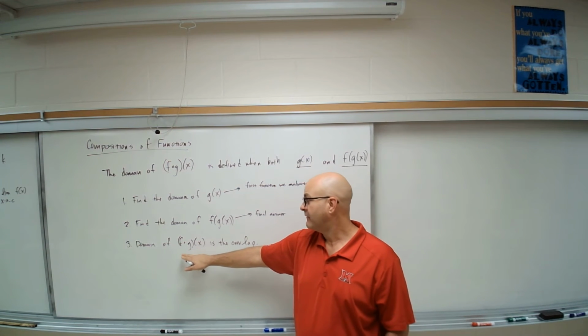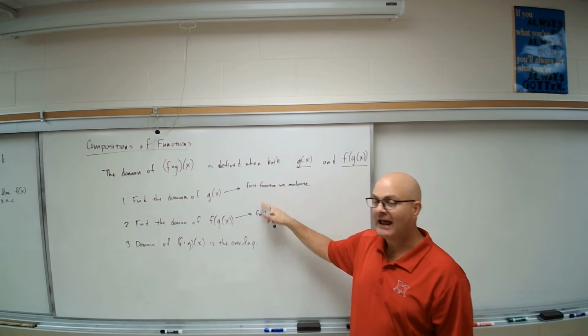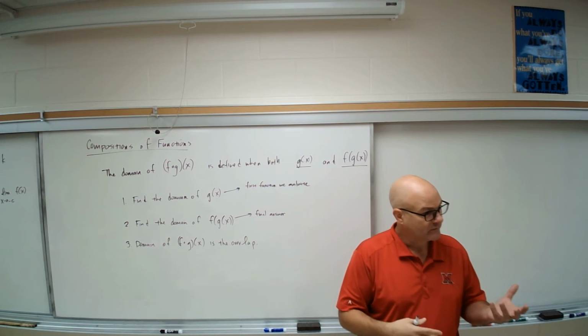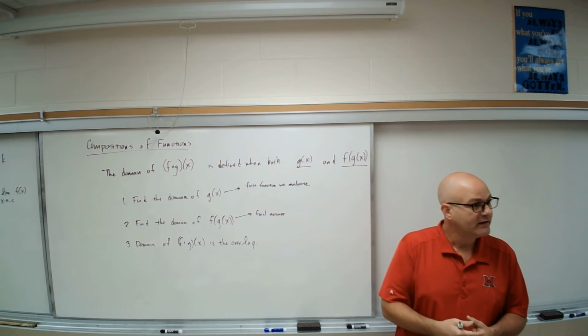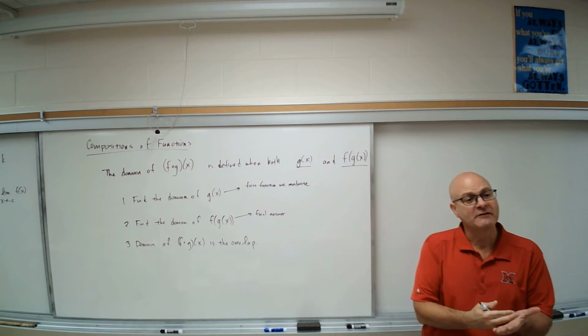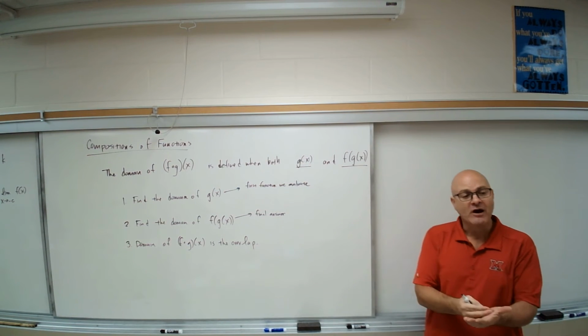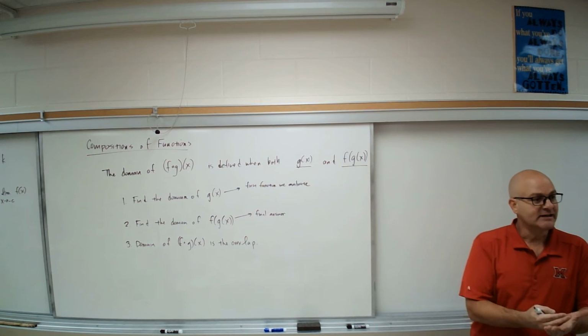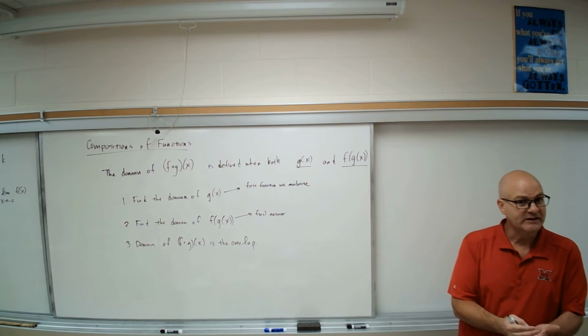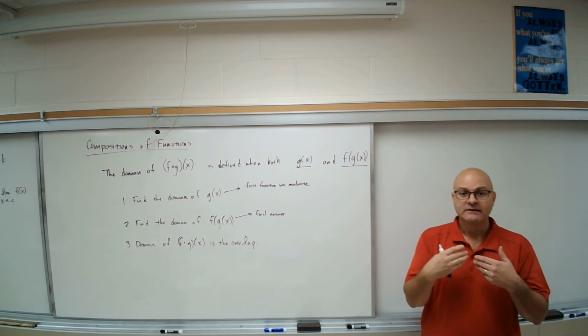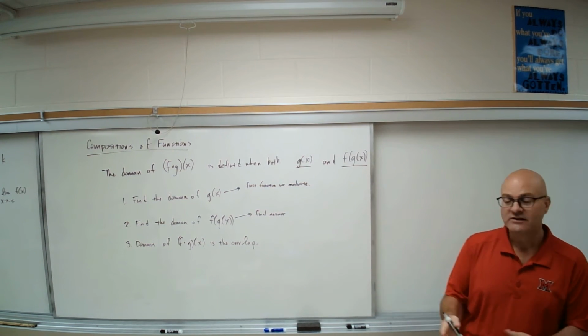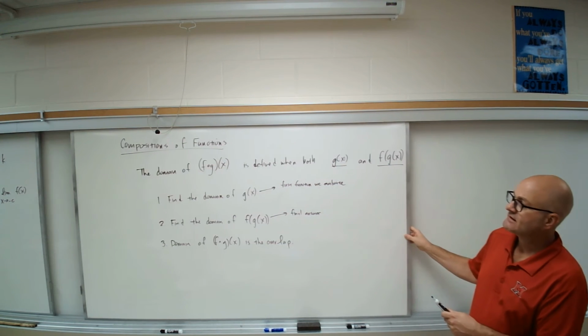The domain of the composition is the overlap, or the intersection, of those two. We talked about intersections yesterday. So if it's a problem in the first function, or it's a problem in the final answer, it's not part of the domain. If it works in the first and it works in the final answer, it's part of the domain. Okay, so I'll put this over here.